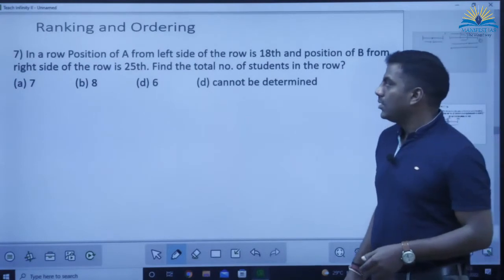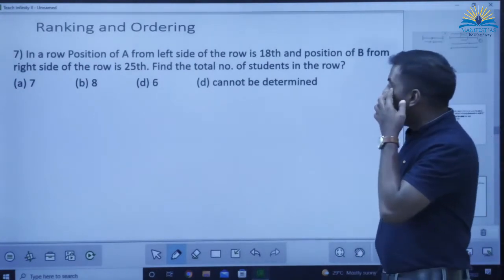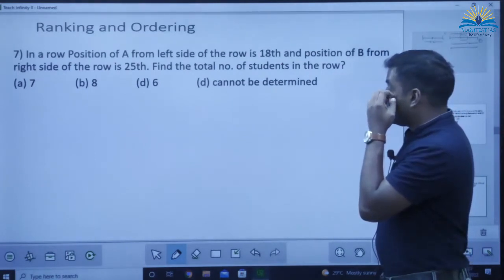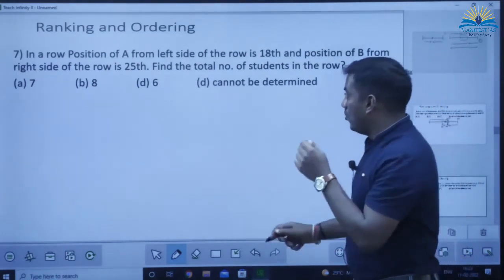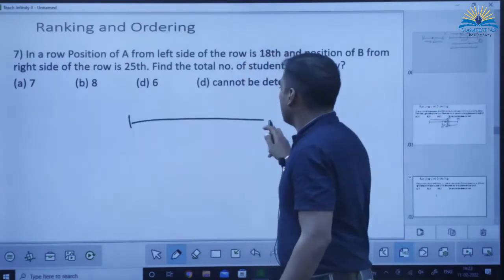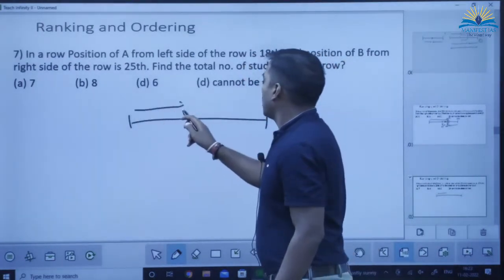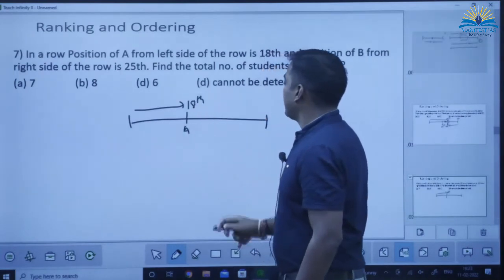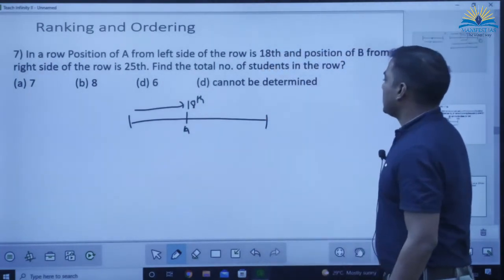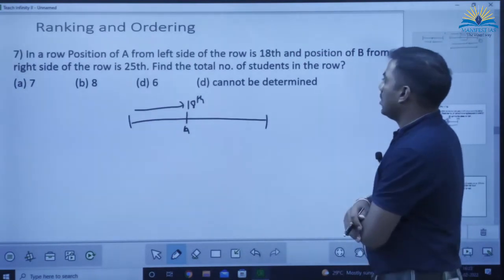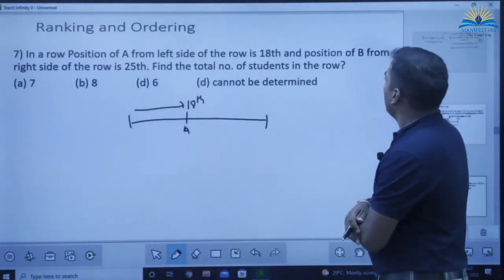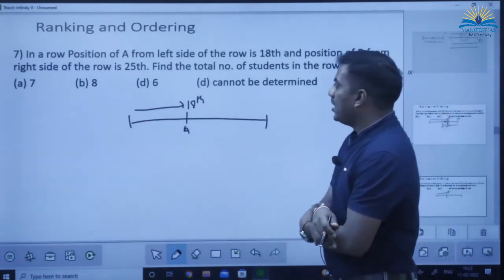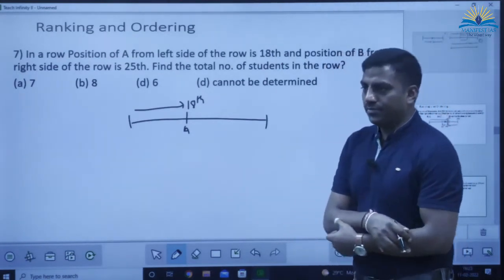In a row, the position of A from the left side of the row is 18th. That is A, and the position of B from the right side of the row is 25th.